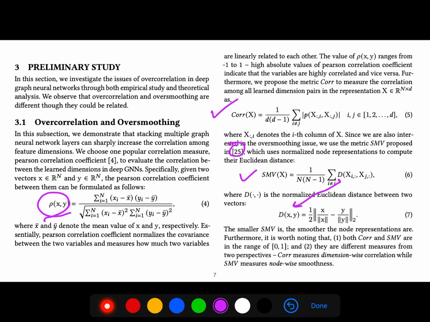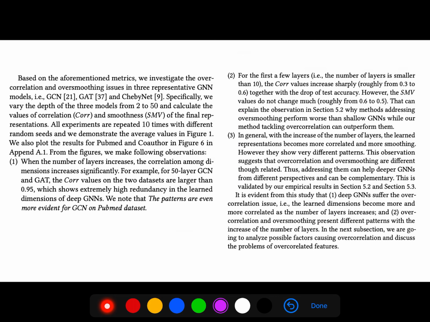So the smaller this SMV, the smoother the node representations are. They investigate overcorrelation and over-smoothing issues in three representative GNN models: GCN, GAT, ChebyNet.